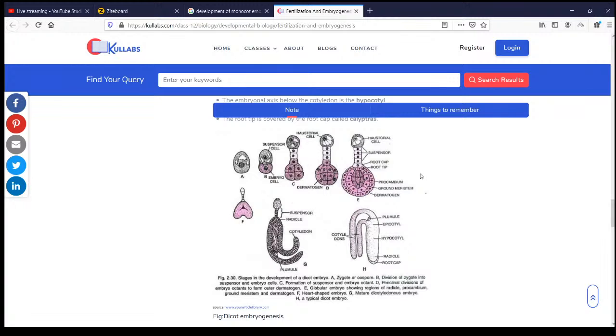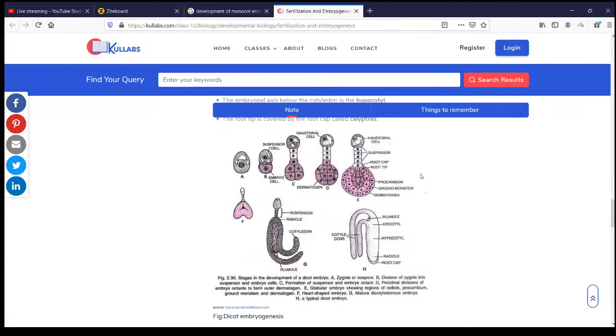The lowermost cell, known as the L cell in some cases, of the three-celled suspensor divides vertically to form the plumule or stem tip. The cells known as the R cells sometimes form the radicle.